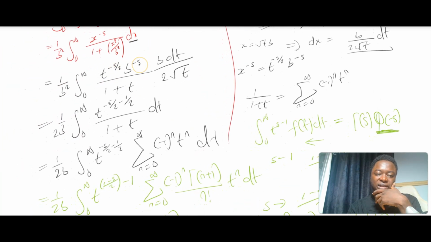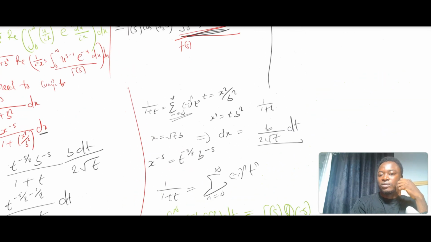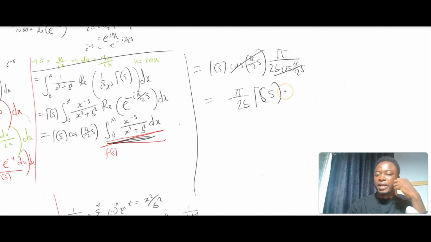There is a b to the negative s here at the bottom. Yeah, so there should be a b to the negative s factor.